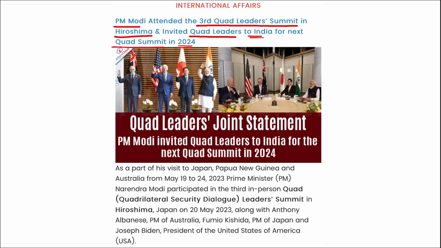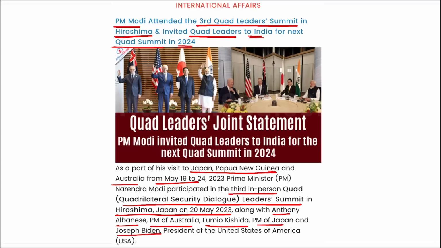I repeat, recently, as a part of his visit to Japan, Papua New Guinea, and Australia from May 19 to 24, Prime Minister Narendra Modi participated in the third in-person Quad, that is Quadrilateral Security Dialogue, Leaders Meet in Hiroshima, Japan on 20th of May, along with Anthony Albanese, PM of Australia, Fumio Kishida, PM of Japan, and Joseph Biden, who is the President of USA.